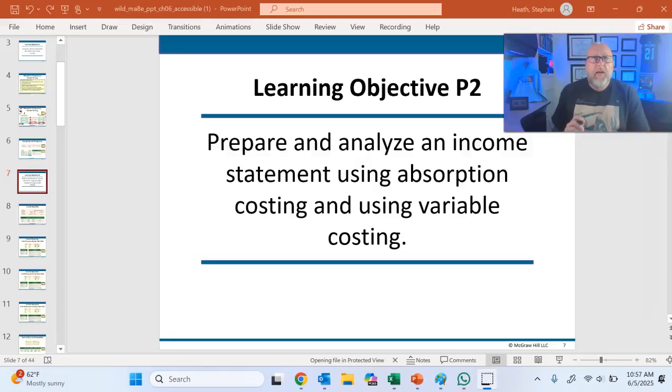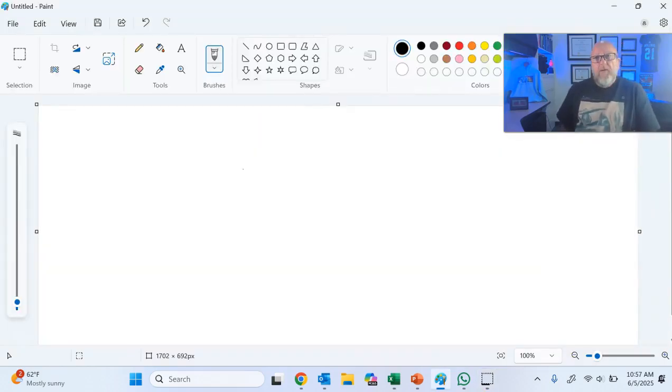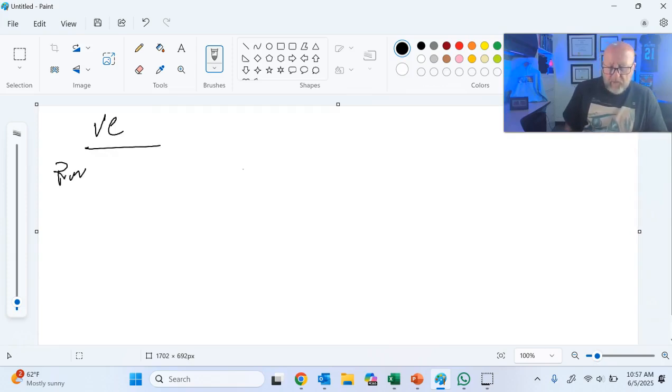All right, prepare and analyze an income statement using absorption costing and variable costing. Again, I want to say it's review, but just to be safe, variable costing. We are going to start with revenue. We are going to subtract all variable costs to determine contribution margin.